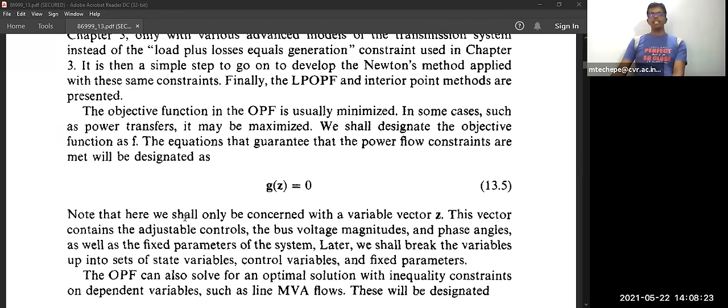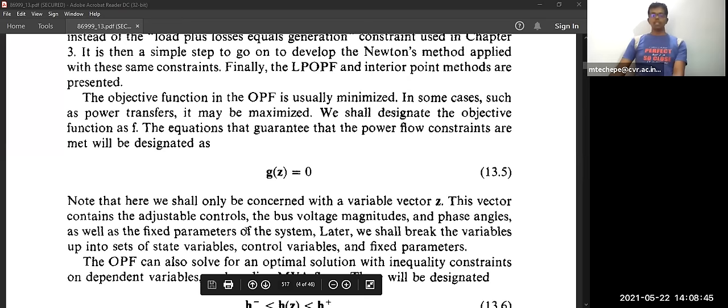Note that we shall only be concerned with the variable vector z. Inside the z vector are all the variables. So in the simple form, g of z is equal to 0. This vector contains adjustable controls, bus voltage magnitudes, phase angles, as well as fixed parameters of the system.